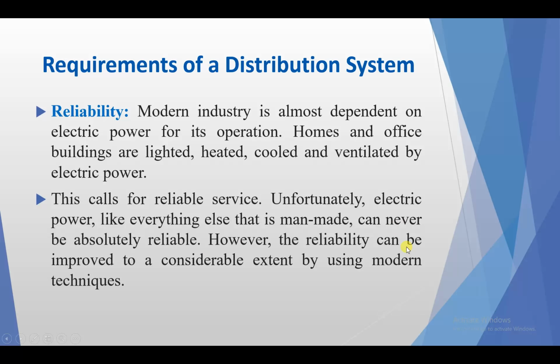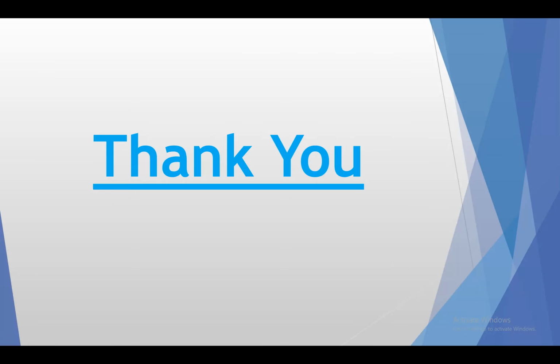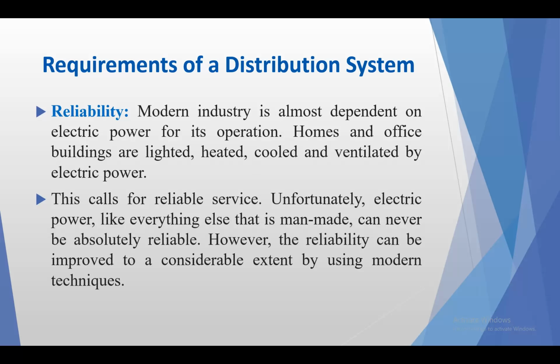However, reliability can be improved to a considerable extent by using modern techniques like smart grid techniques, standby generators and integration of distributed generators in the power system. So these are the requirements of a distribution system.